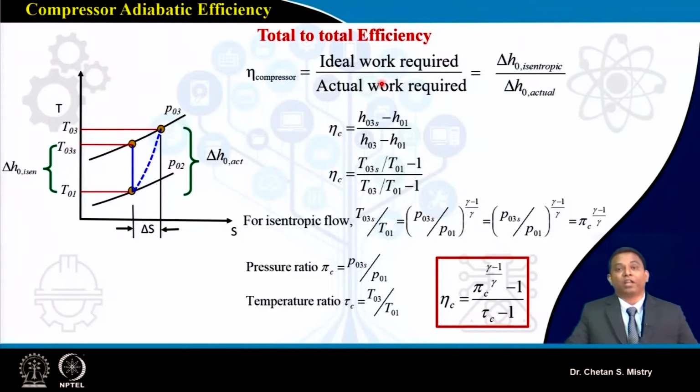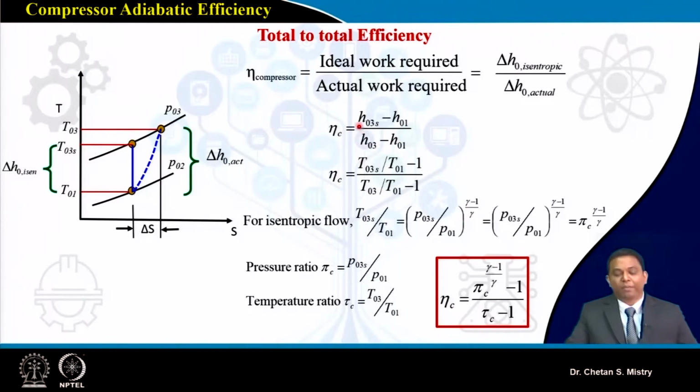Remember one thing, this compressor is a power consuming or work consuming device, and for that reason we represent our efficiency as ideal work done divided by actual work done. This we can represent in terms of enthalpy as H03s minus H01 divided by H03 minus H01.